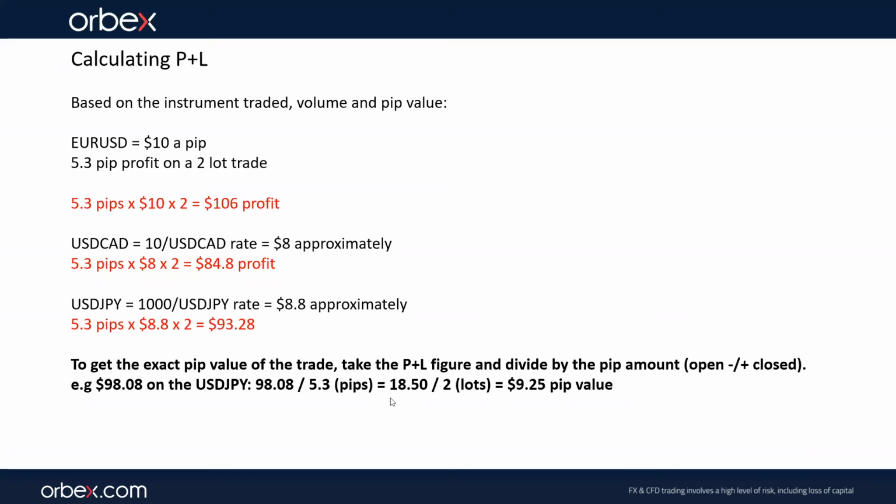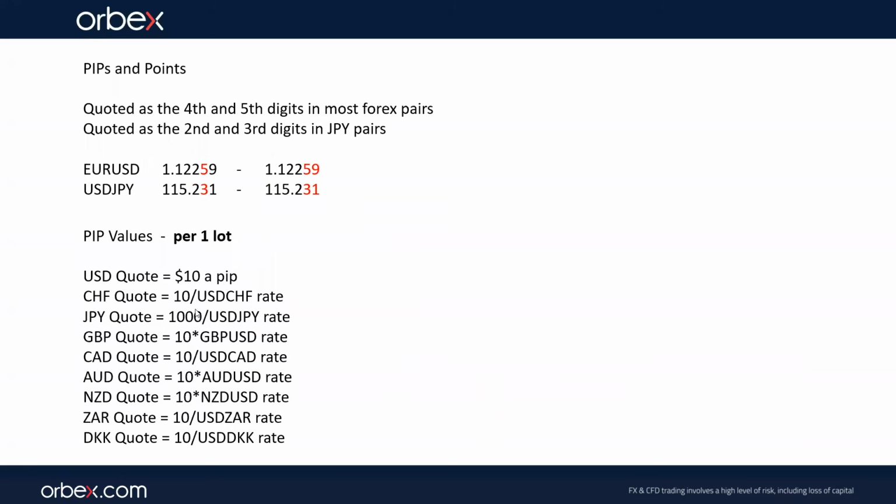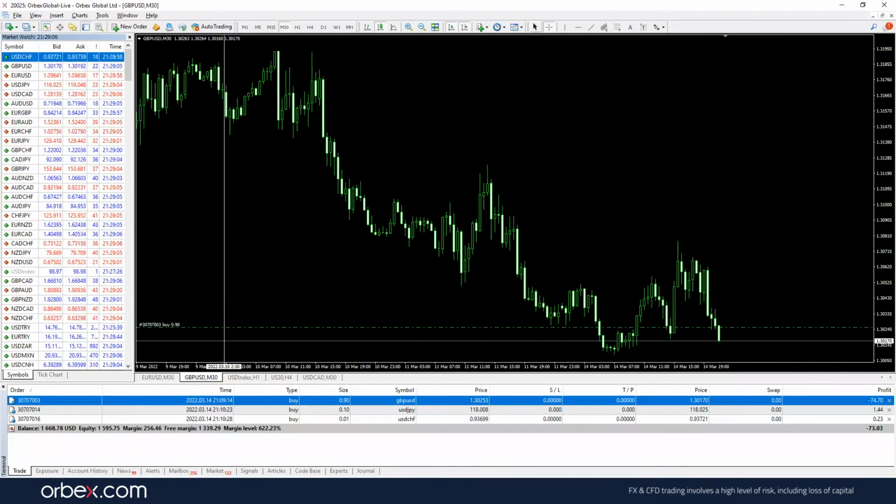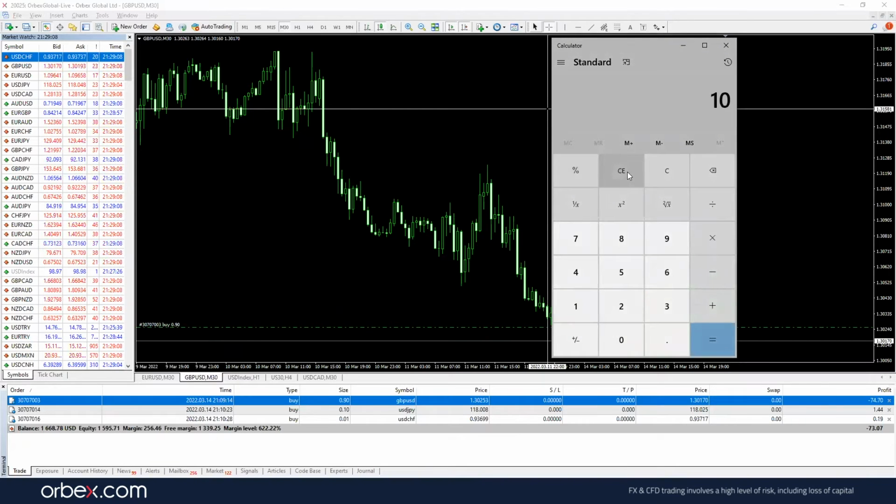So let's just do some quick calculations on the pip values so we know where we stand. So for Swiss, we've got 10 divided by the dollar Swiss rate. So let's go back to our trusty MT4 platform. So 10 divided by 0.93717. So the pip value for dollar Swiss at the moment is approximately 10.67.